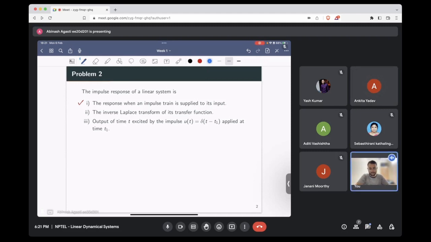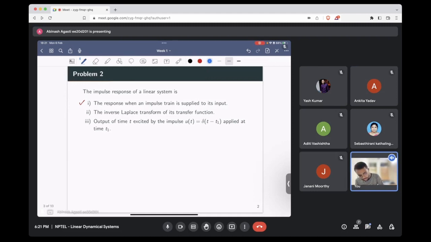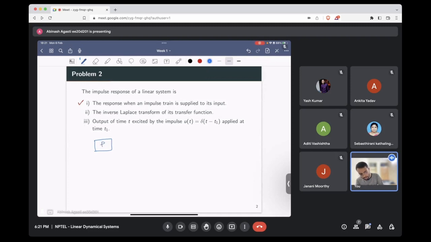Yeah, that's it. So essentially, I have a system, let's say P, and I give some input. Some input will warrant some output for the system. So for this input u of t, the output y of t is the response. So what does impulse response mean?